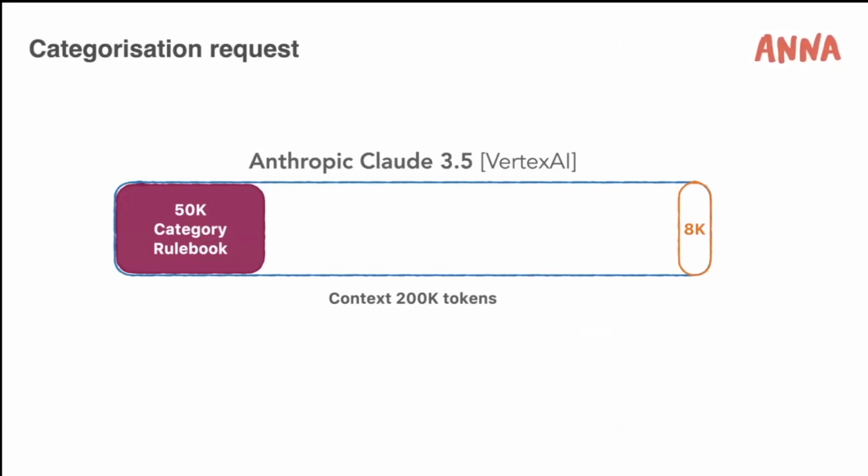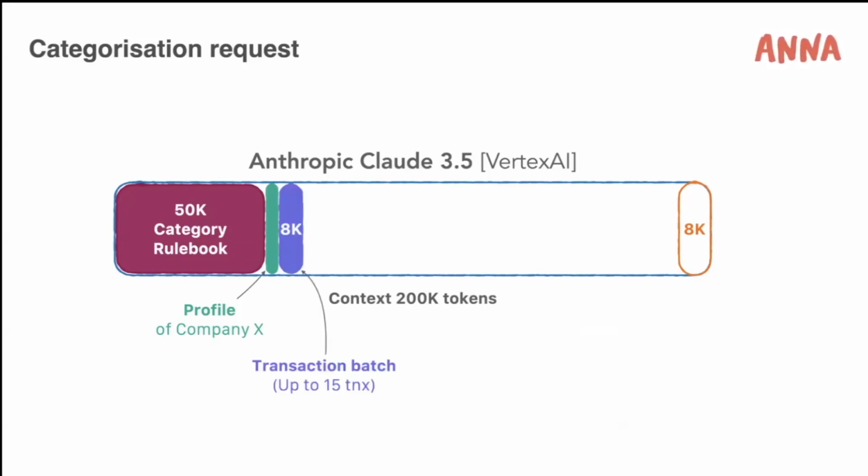Our first component is the system prompt, whose length is 50K. Then we add a profile of the company, usually from 500 tokens to 1,000 tokens.